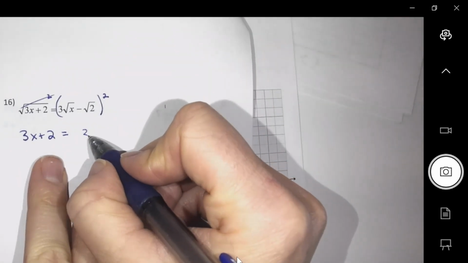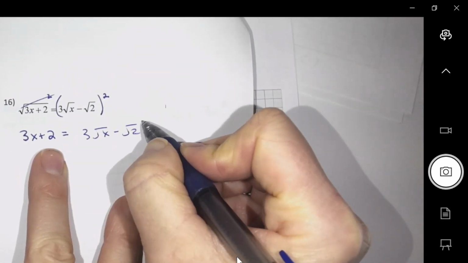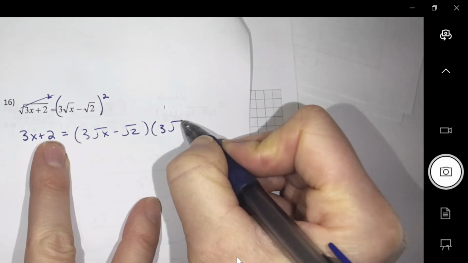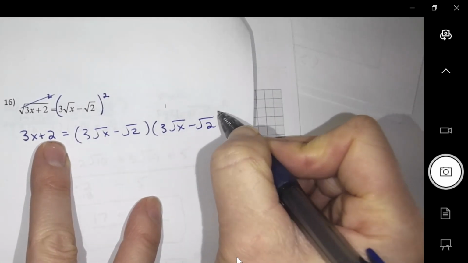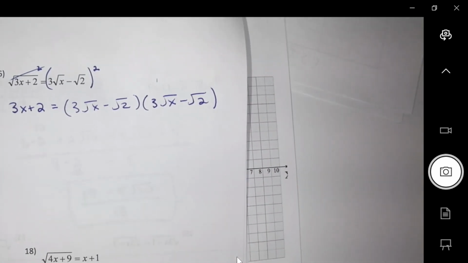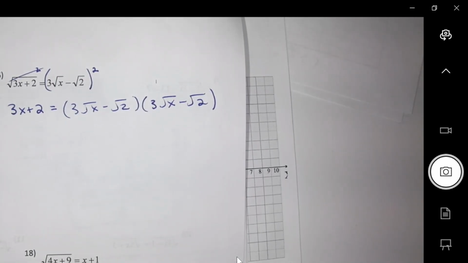Can you rewrite that for me, like the long way? So just repeat it. Squaring means repeat it. Okay, slow and steady. I need you to FOIL that.